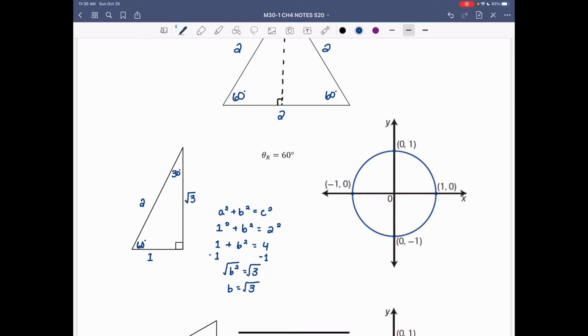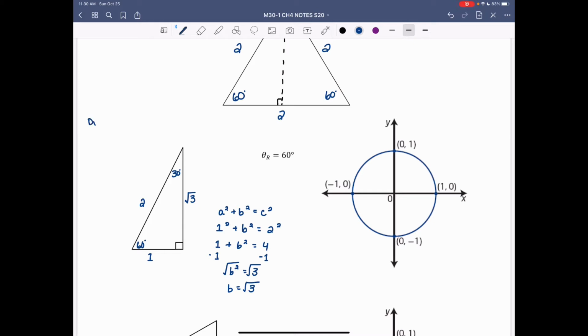Now we're going to adapt this triangle so that we can use it with the unit circle. We know that the unit circle has a radius of 1. When we draw a right triangle with an angle in the unit circle, the radius is the hypotenuse. So we need the hypotenuse to be 1.